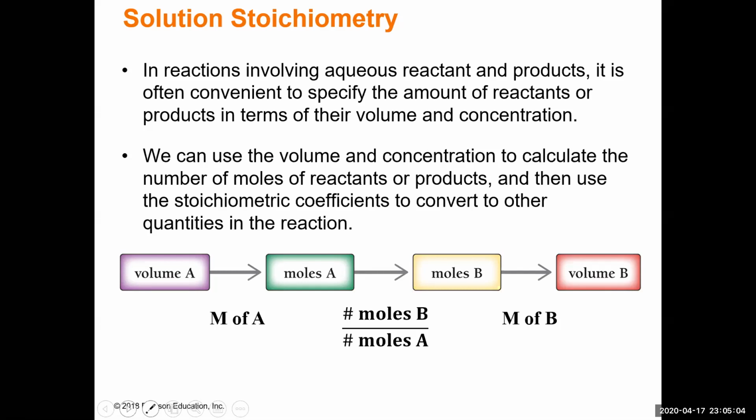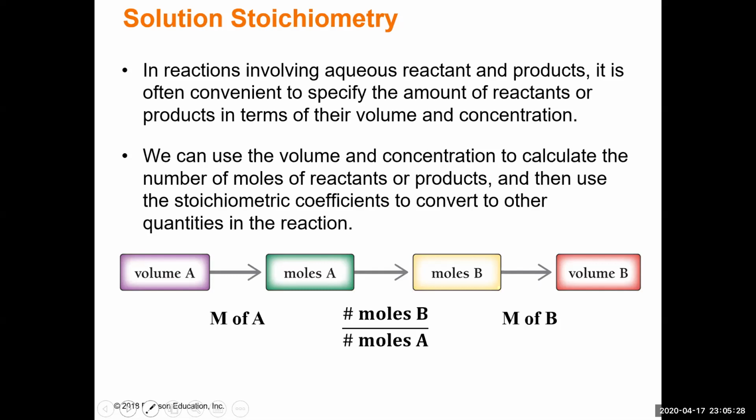When we're dealing with reactions that involve aqueous reactants and products, it's often convenient to specify the amounts of reactants or products in terms of their volumes and concentrations. So we can use the volume and concentration to calculate the number of moles of those reactants or products.